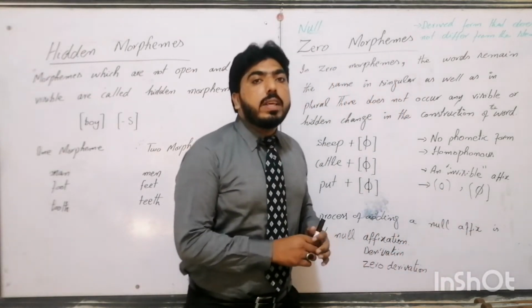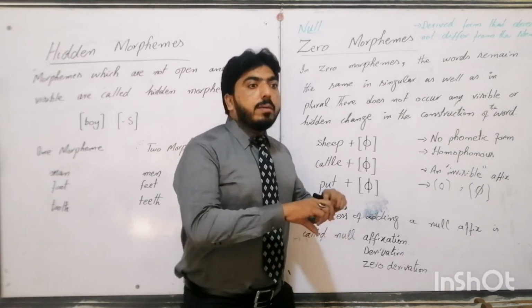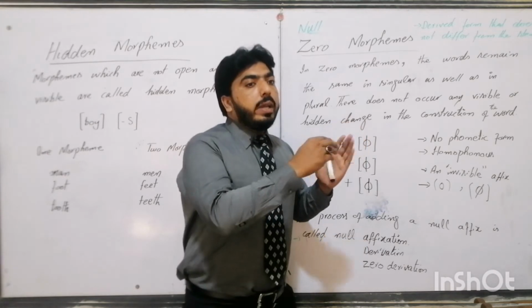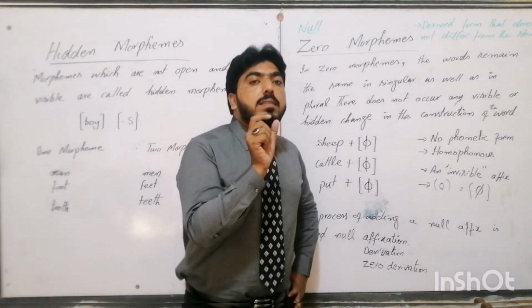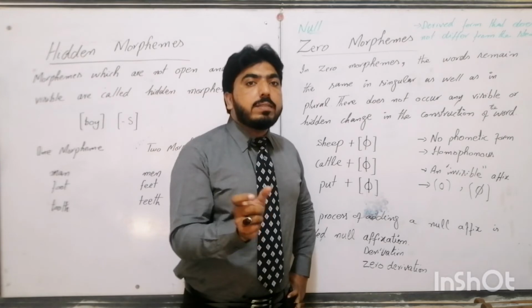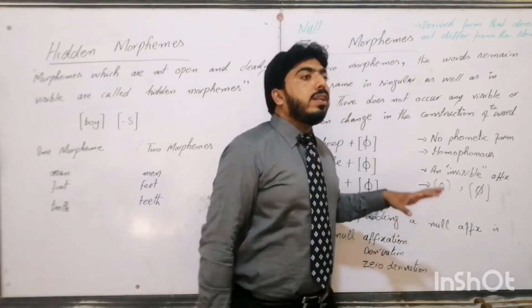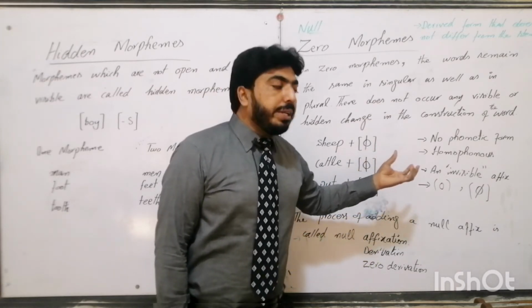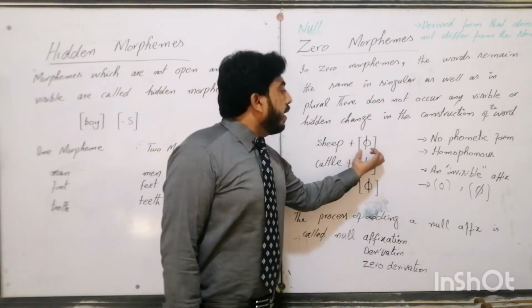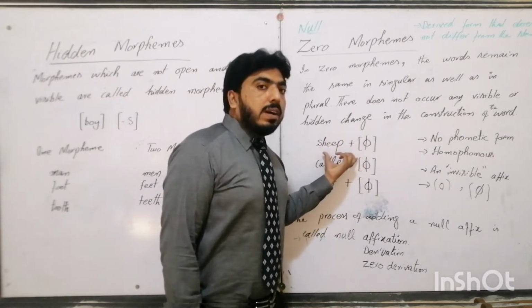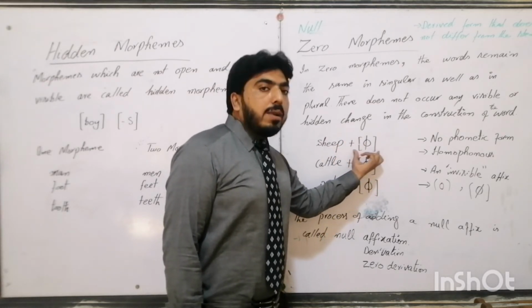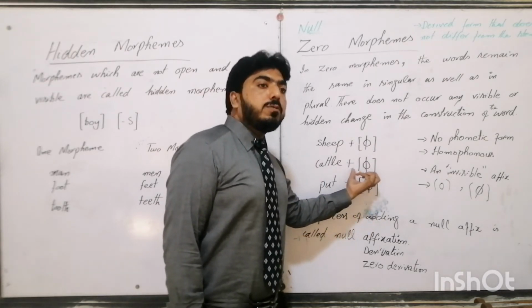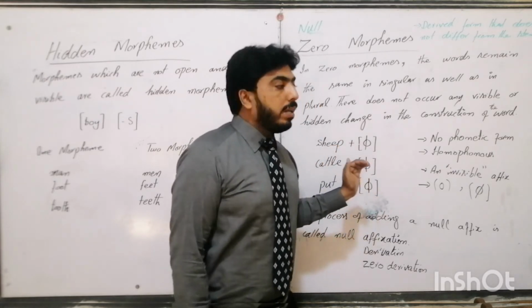This is just for the sake of uniformity in morphological analysis. When we change singular into plural, we express that this is the s morpheme which makes singular into plural, but here there is no phonetic realization of any morpheme, but for the sake of uniformity we express that in sheep in the case of plural, zero or null morpheme is present. Cattle, zero or null morpheme is present in the case of plural.